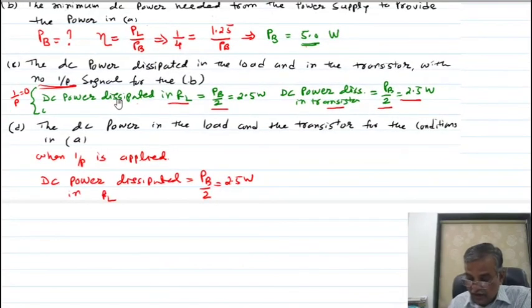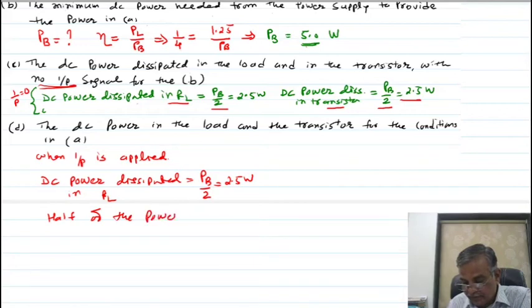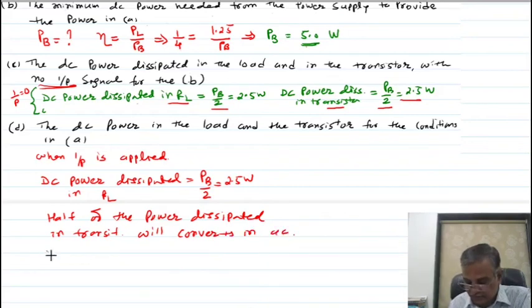And half of the power, listen, half of the power dissipated in the transistor will convert into AC power when input is applied.